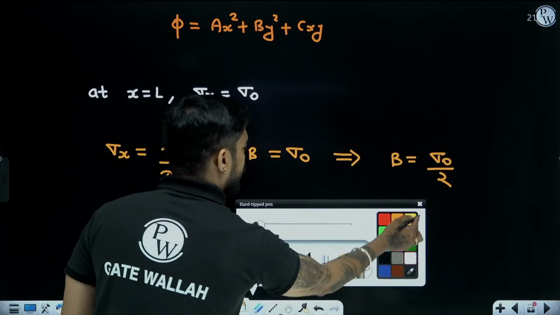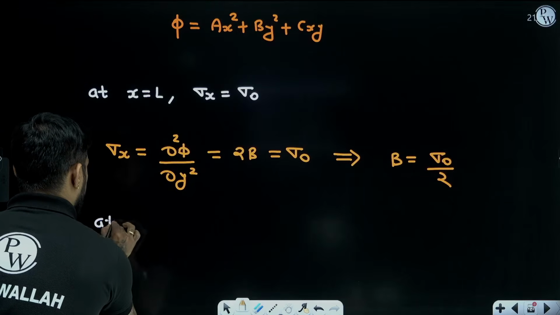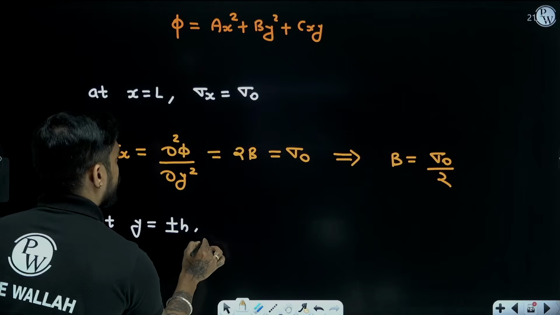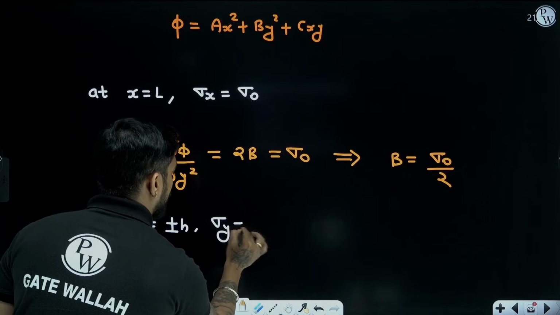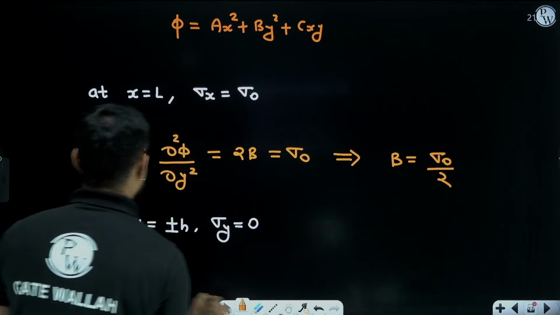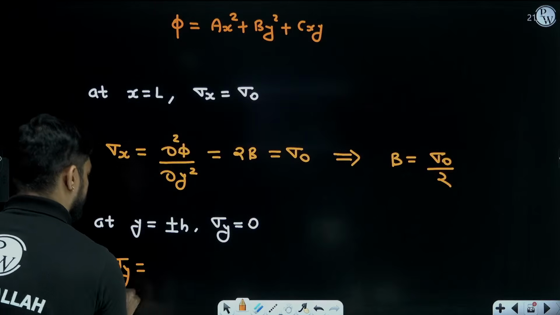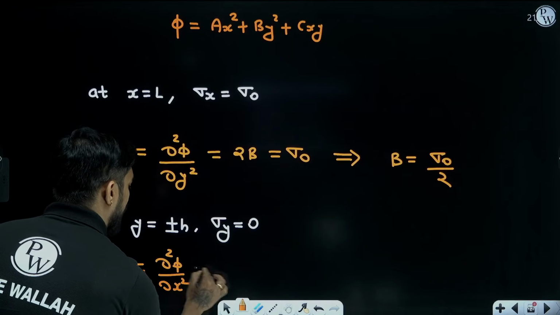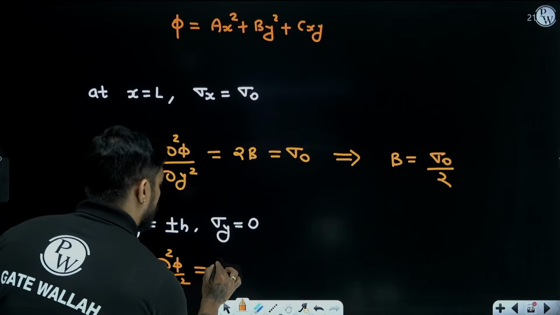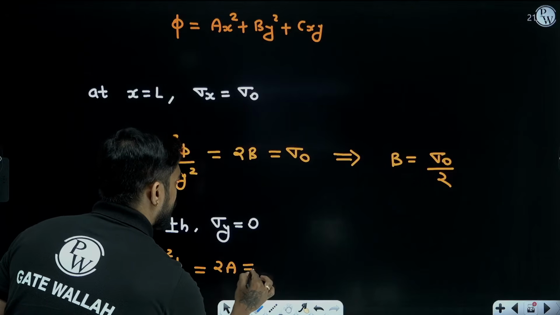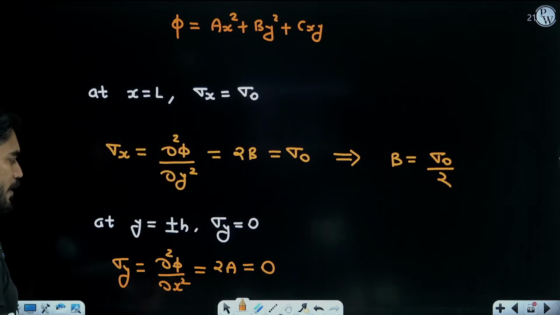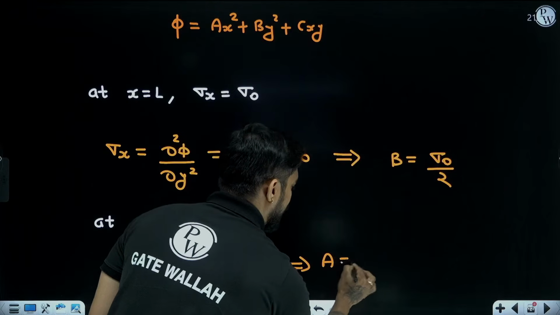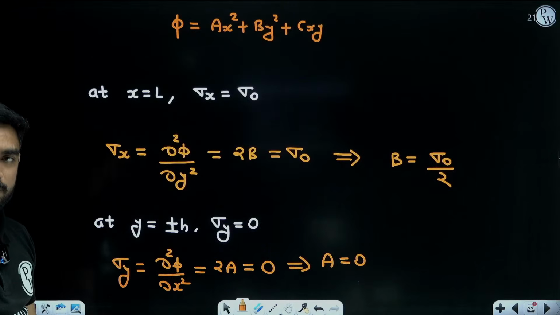Similarly, another boundary condition we have: at y equal to plus minus h, sigma y must be 0. So sigma y is dou square phi by dou x square, which will give you 2a, and this should be equal to 0 because sigma y is 0. So beta, from here a will become equal to 0.